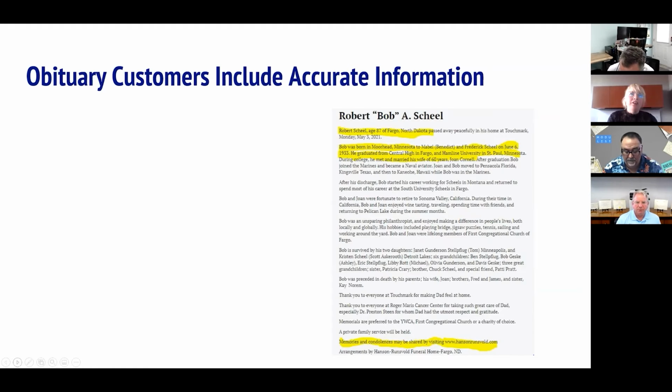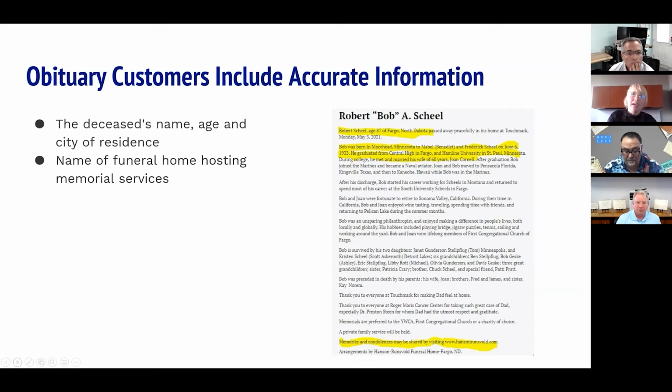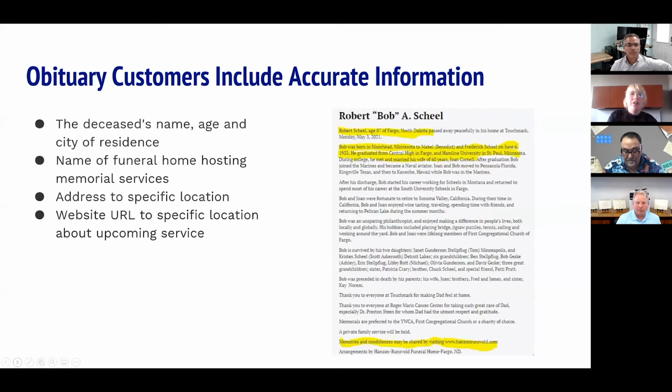For example, they include the deceased's name, age, city of residence, name of funeral home hosting memorial services, address, a specific publication, and the website URL. These are all required fields in Modulist as well, so that helps to prompt them.